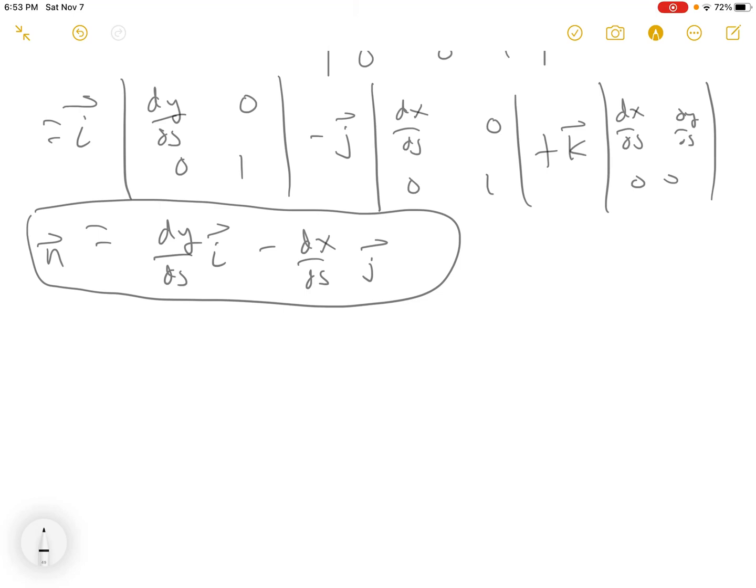All right, so now we're given that f is M i plus N j, because we're just working in the xy plane.